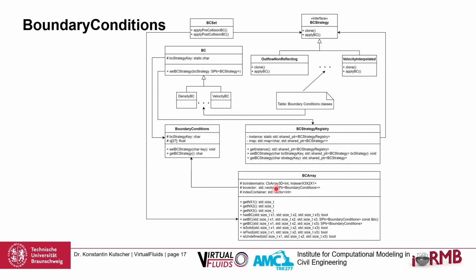what is important to know, of course, is this BC array. The BC array is a three-dimensional array which uses a one-dimensional implementation, and this array actually stores which kind of node we have at first: this fluid node, solid node, or boundary node, and then how many boundary conditions are in these boundary nodes.